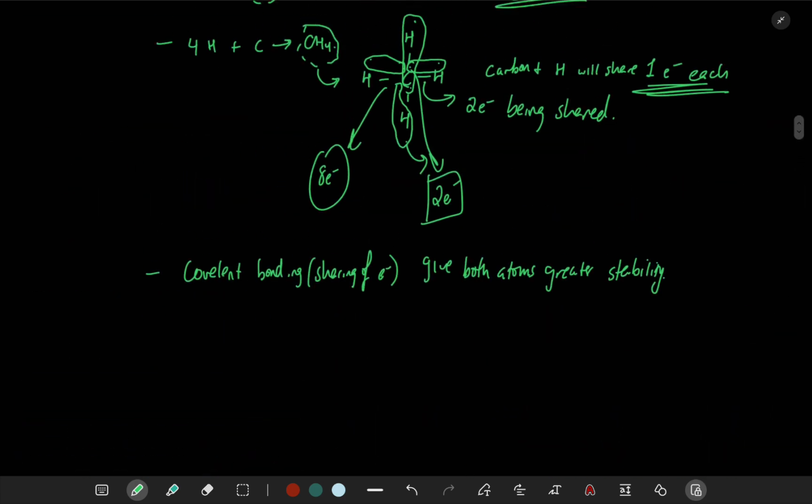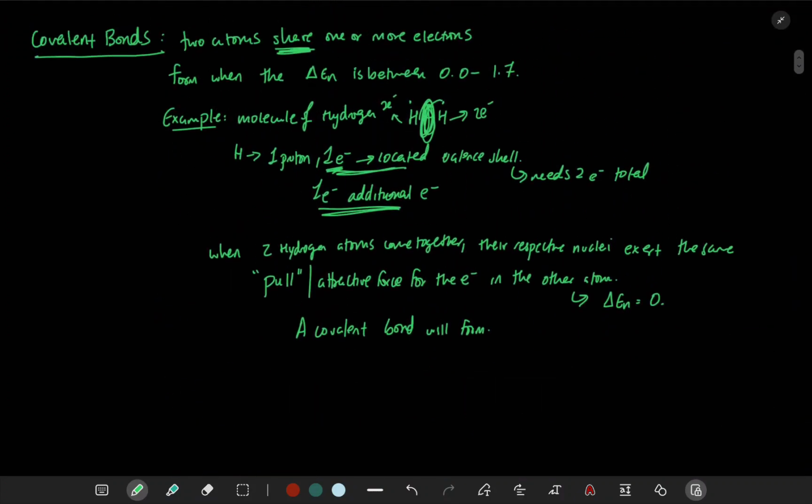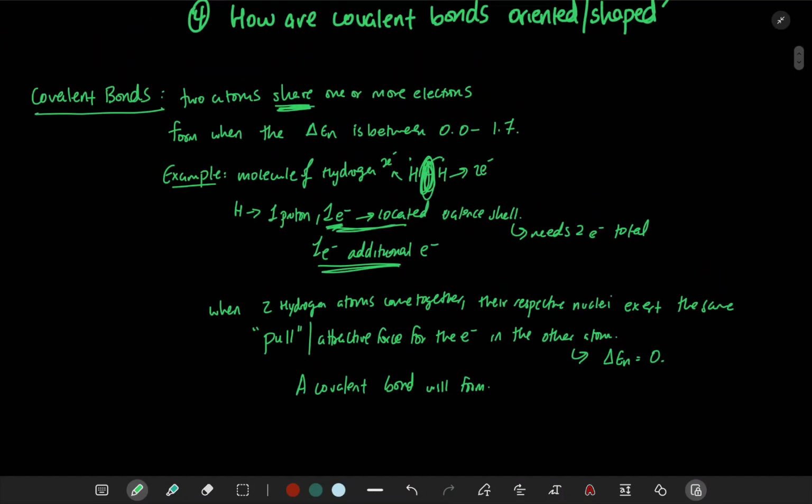Now, we discussed the hydrogen molecule as well as a molecule of methane, right? So let's look at hydrogen again. In this case, you have two hydrogen atoms bonded together via a covalent bond, right? And across that bond, two electrons are shared, one from each hydrogen, basically.